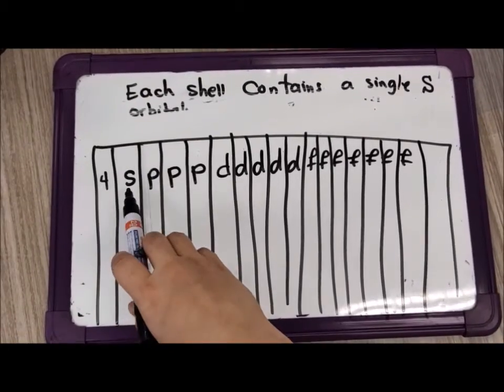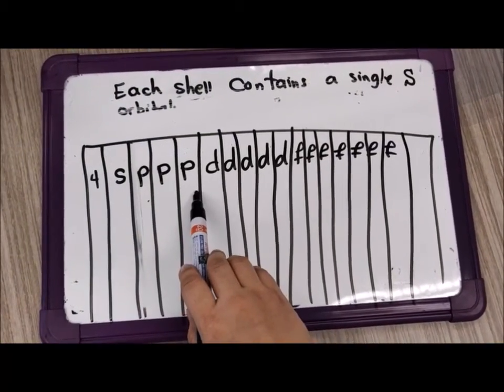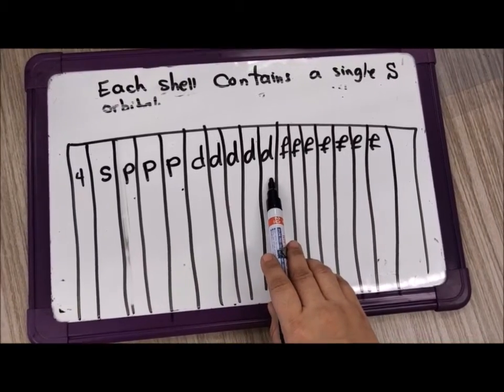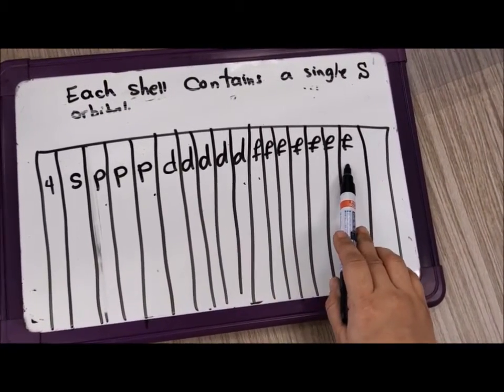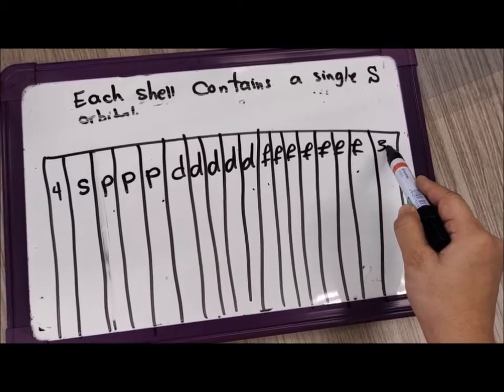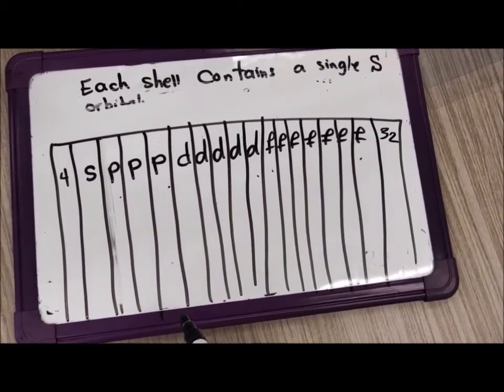It's like this. 1 s orbital, 3 p orbitals, 5 d orbitals, and 7 f orbitals. So overall it becomes 32 electrons on the fourth shell.